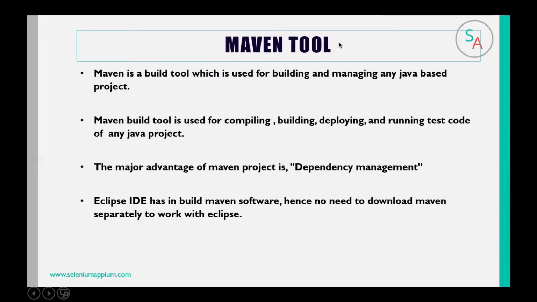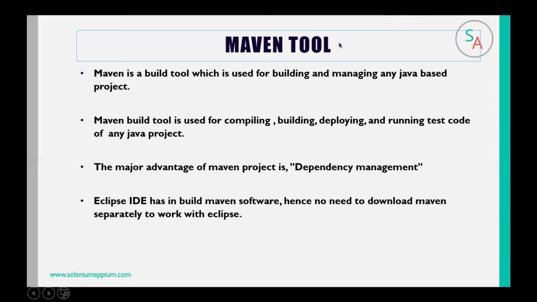The major advantage of Maven project is dependency management. This is the main concept where many people like Maven tool. Dependency management is nothing but, for a project, whatever dependency libraries and dependency jar files are there, you don't need to download them.